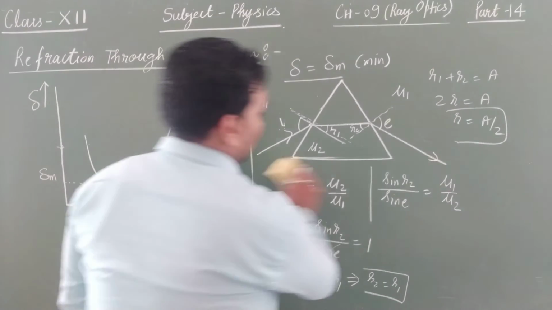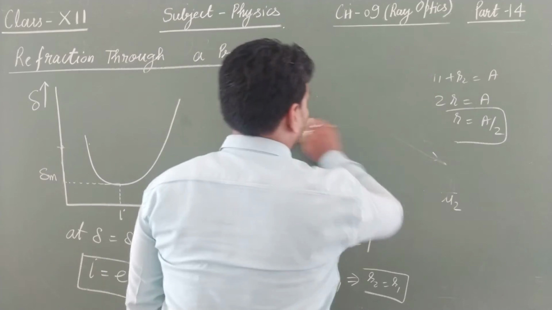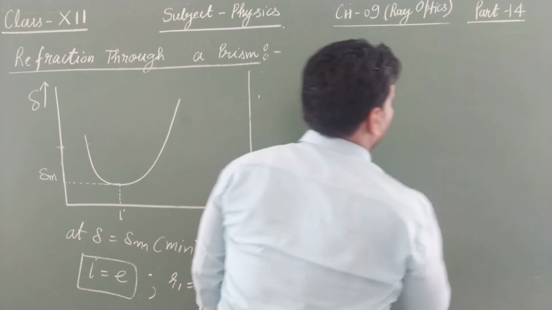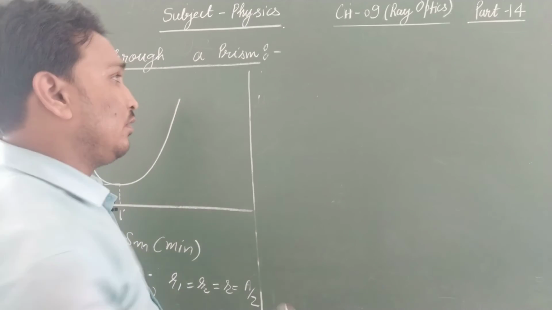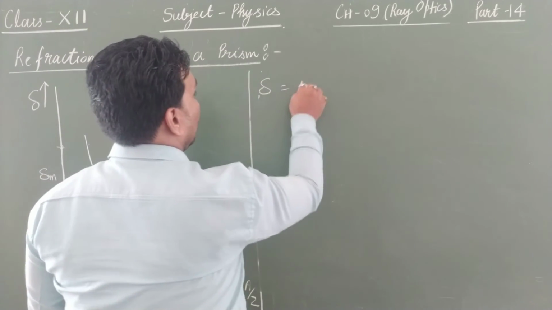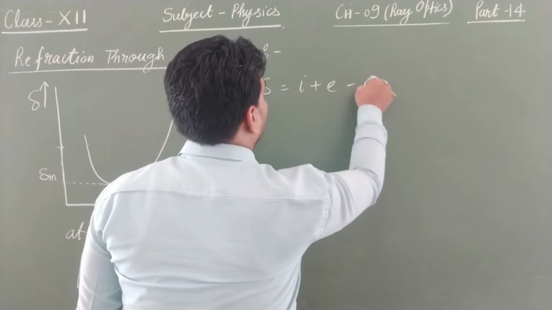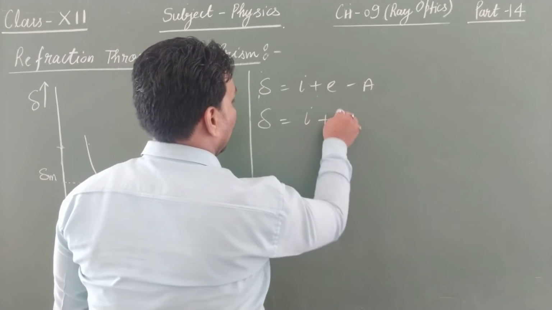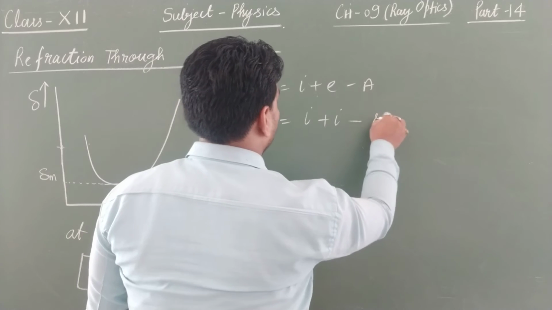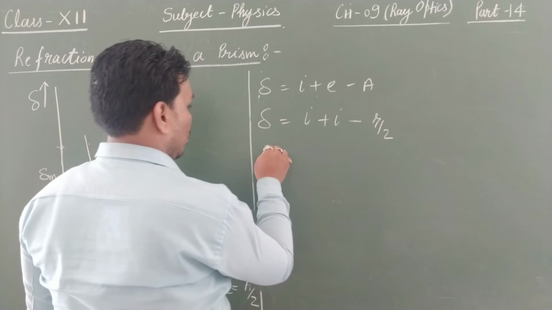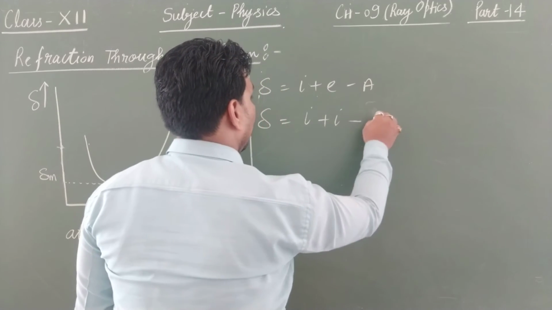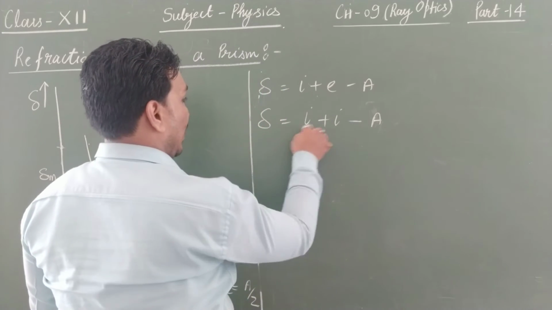So these are the important conclusions, and let us put these conclusions in the equation in which we have got the value of delta. So delta was equal to I plus E minus A. So in place of I and E we can put I. So it will be I plus I minus A. So I plus I is 2I.